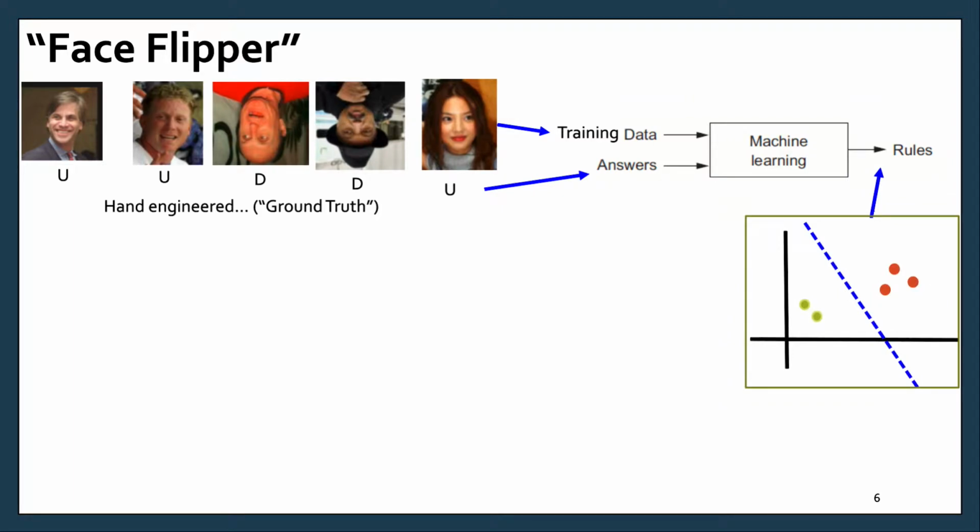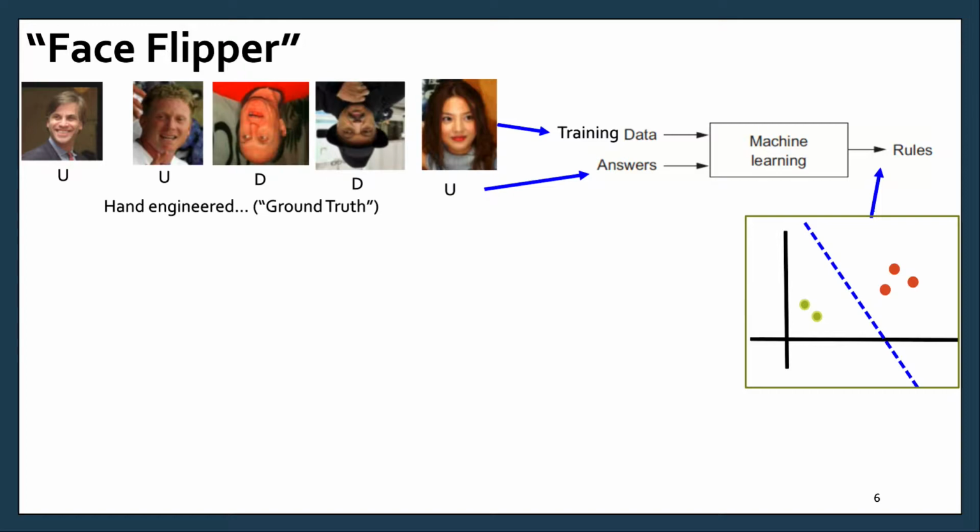Once you get your data plotted, you would see, let's say, the 2 green dots are the down, and the 3 red dots are the up. You have this data that you want to put a boundary on so that you can categorize each one as down or up. So that now defines your rule.